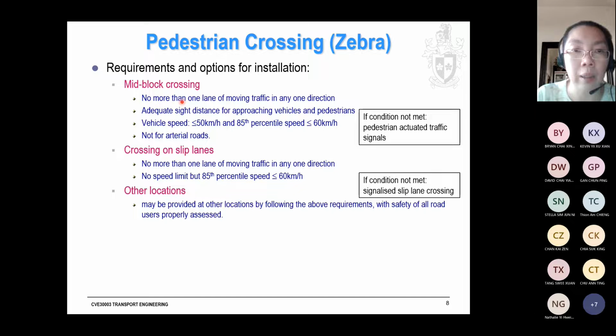If you have more than one lane in 2 different directions, then you may look at installing traffic signals. Okay, so if these conditions are not met, then we use traffic signals. All right, and likewise, if crossing on a slip lane and the conditions are not met as well, we use a signalized slip lane crossing.